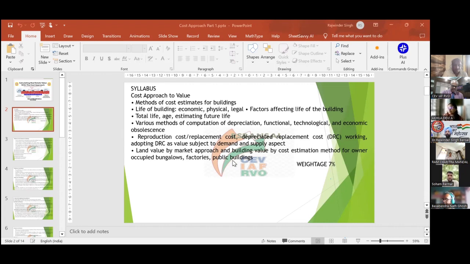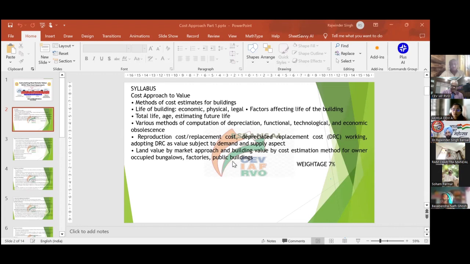And then we have to discuss or learn what are the factors which affect the life of the building. Then, as far as age is concerned, we have to discuss total life, age, and future life of the building. Three things are important while you calculate the depreciation or depreciated value of the building.